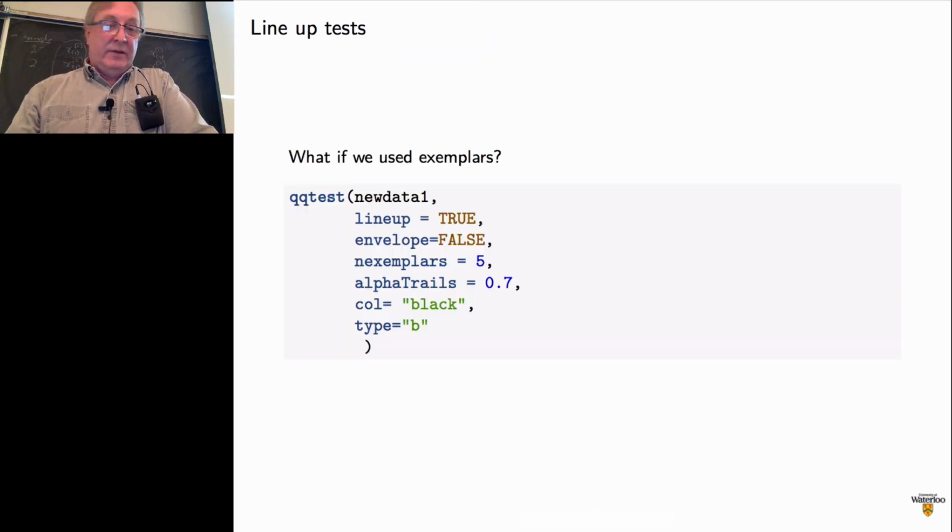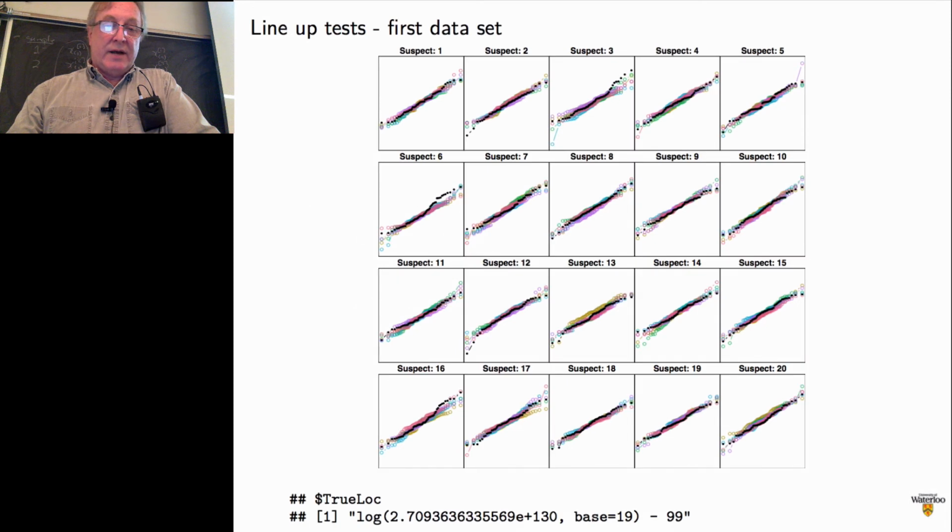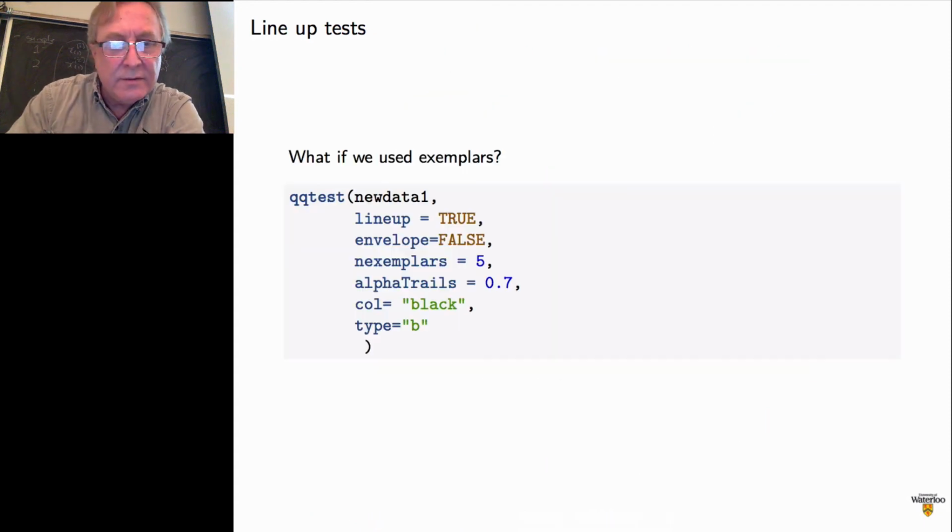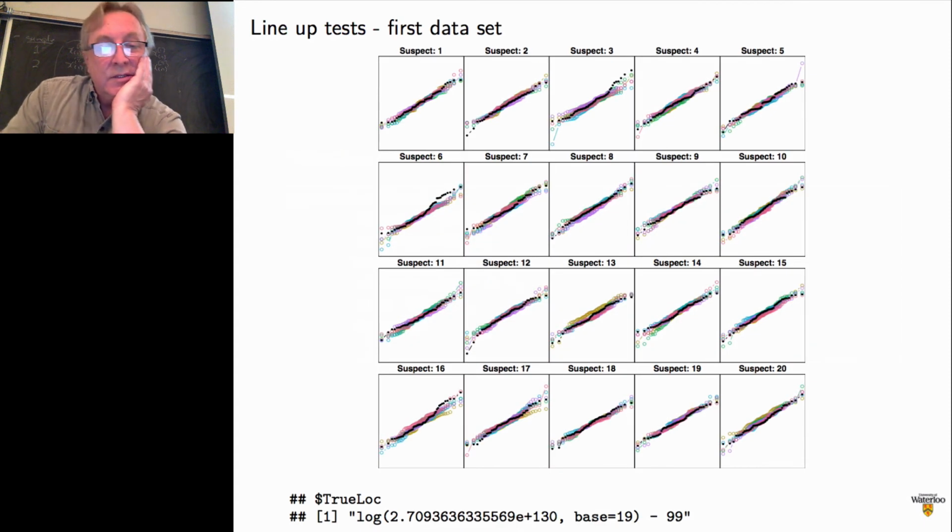And finally, maybe the exemplars are adding a little more information. So there are no envelopes here, just exemplars. How many? 5. So anyone want to pick one here? The black is the supposed data.